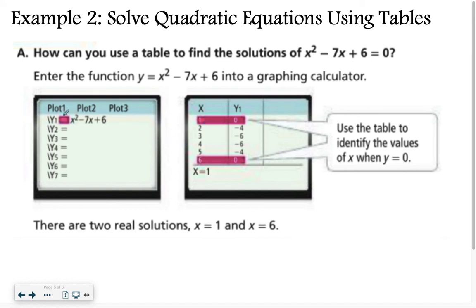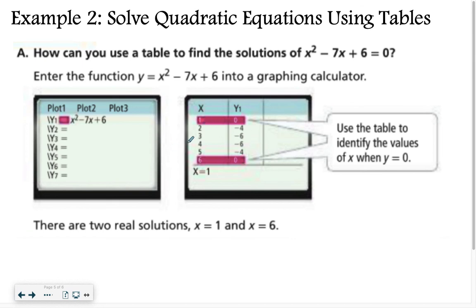So when you do get these really great calculators in a couple of years where you can type in x squared minus 7x plus 6 into your calculator, and it will graph it for you, and it will give you a table of values, it's a really fantastic thing. Really a game changer in your math classes, but for now you don't have those.